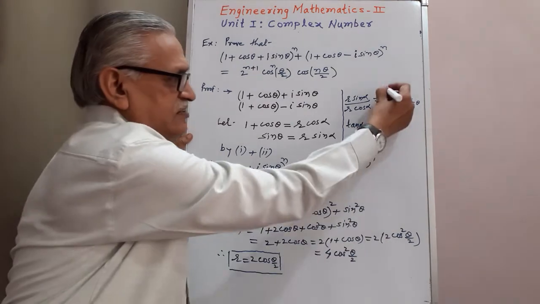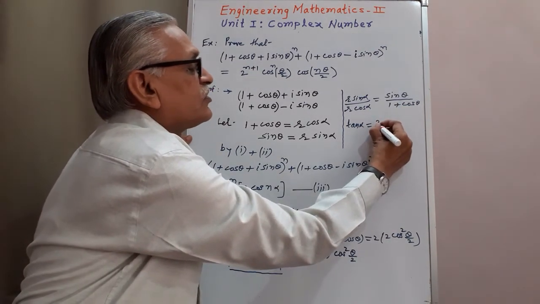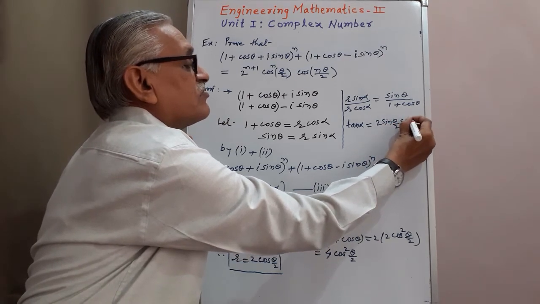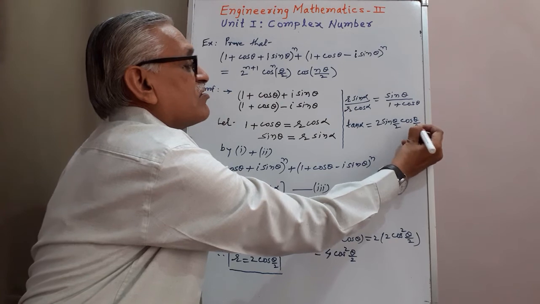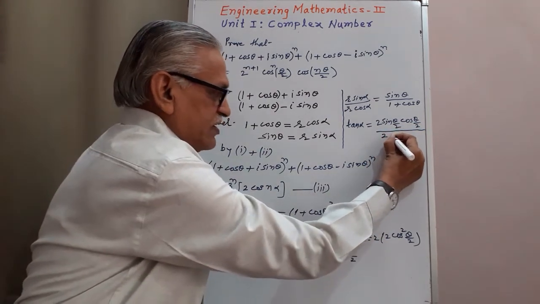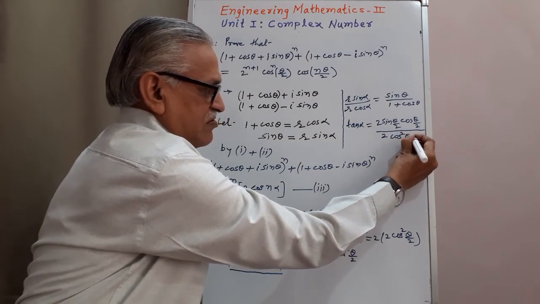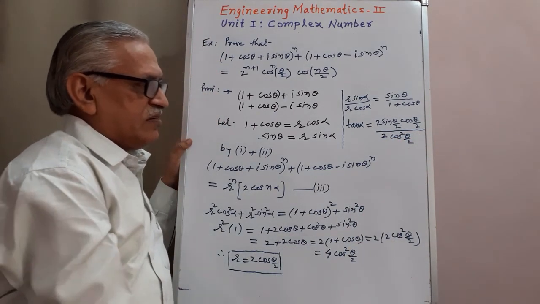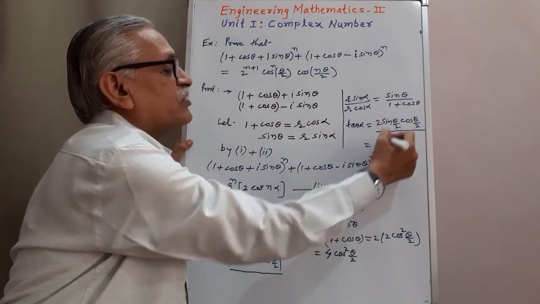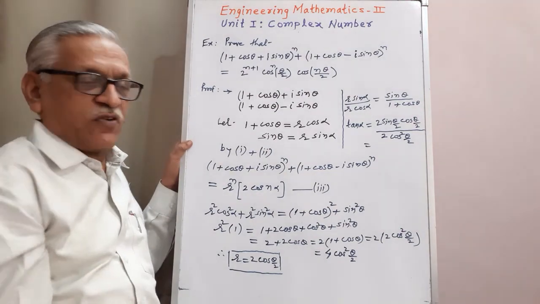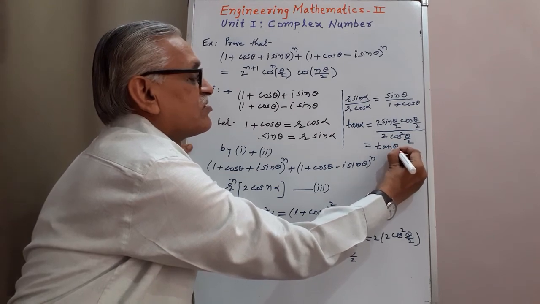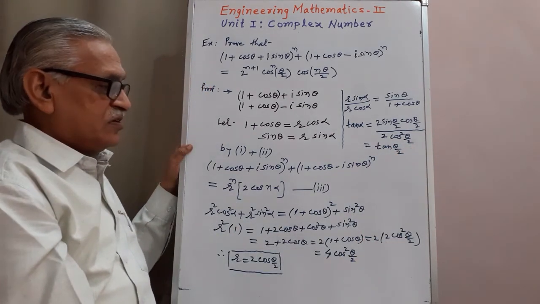Converting into half angle, sin θ is 2 sin(θ/2) cos(θ/2), and 1 + cos θ is 2 cos²(θ/2). The 2 cancels, one cos cancels, remaining is sin by cos, which is tan(θ/2).